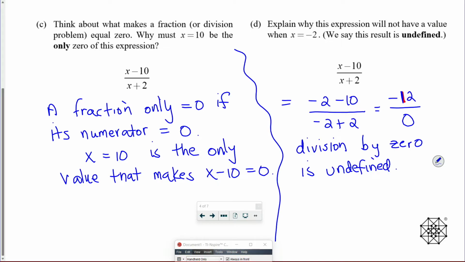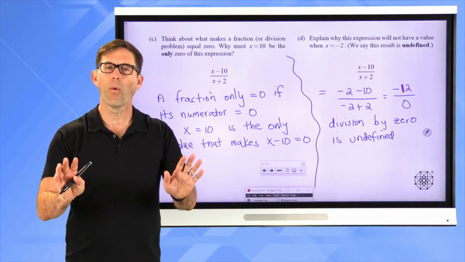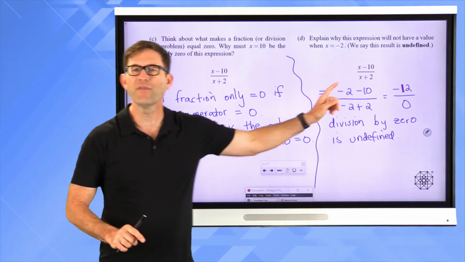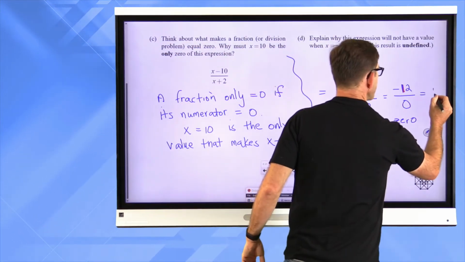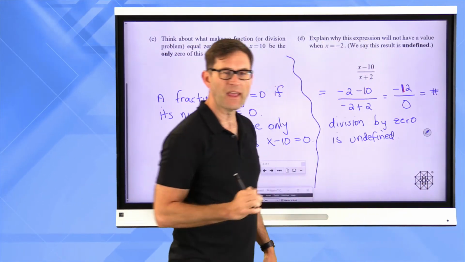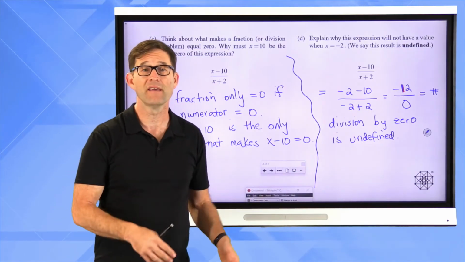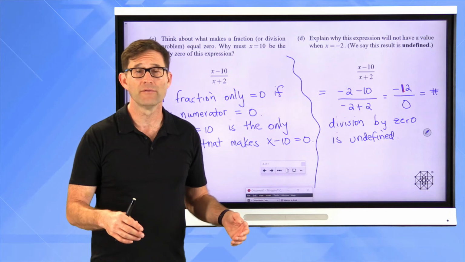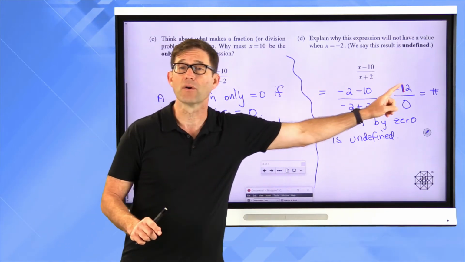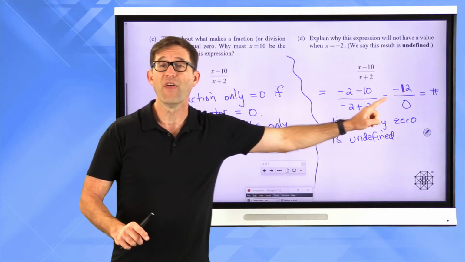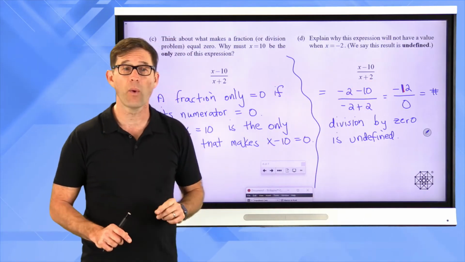All right? And again, just for a brief moment, think about why that is. If negative 12 divided by 0 was some number, let me just put the number symbol after it, if that was equal to something, whatever it would be, 10, 5, 0, Fred, I don't care, then 0 times that number would have to be equal to negative 12.